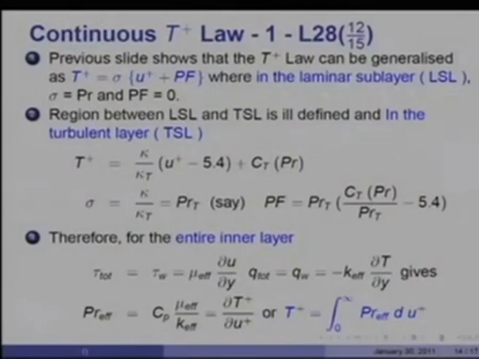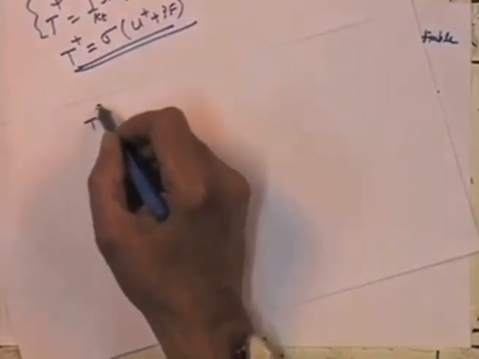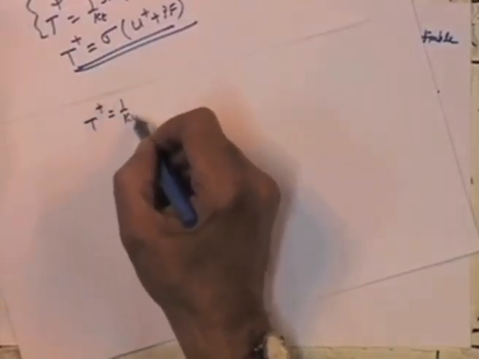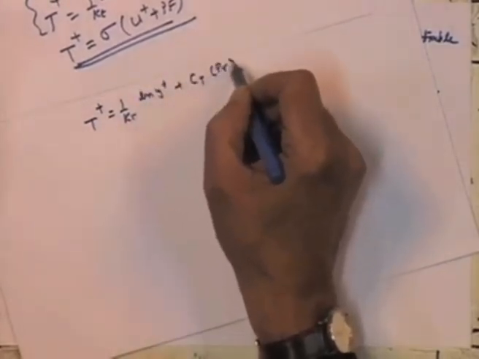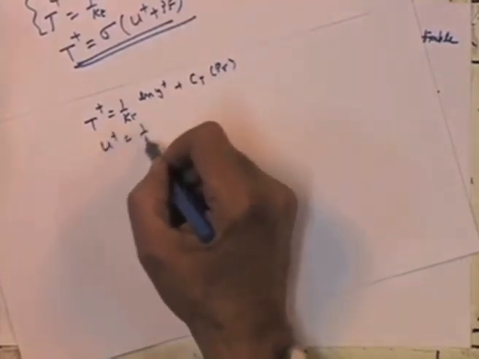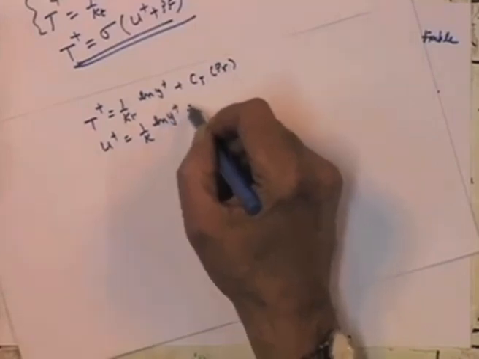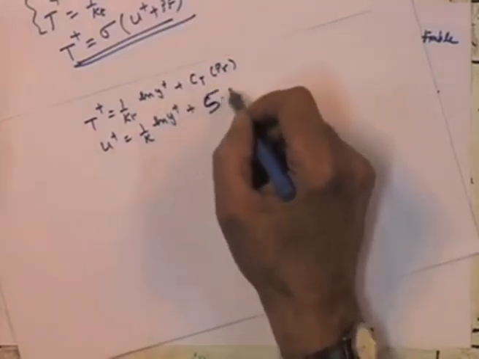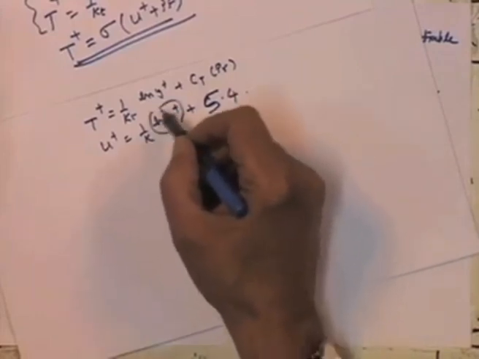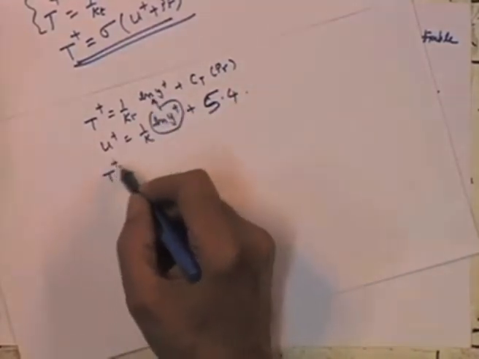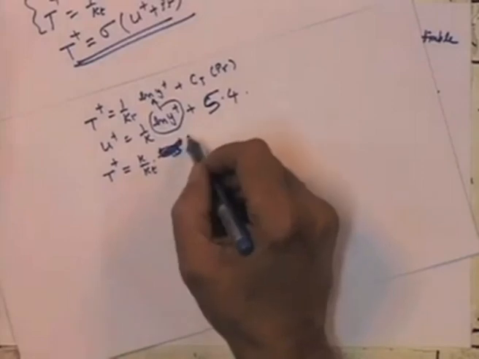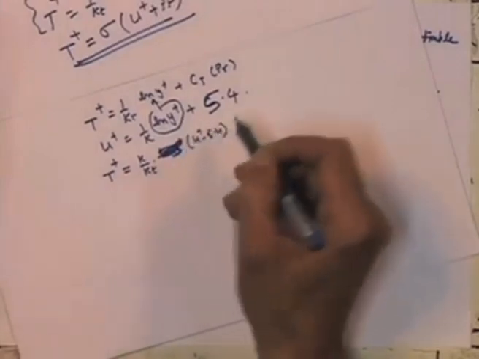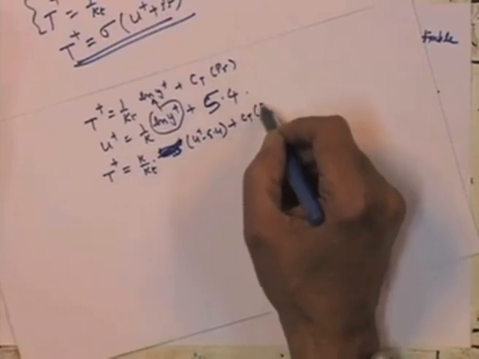The turbulent law says that T plus is equal to 1 over kappa t ln y plus plus Ct of Prandtl, but u plus is 1 over kappa ln y plus plus c, which is our 5.4, if you remember. So, I can substitute for ln y plus here, then I will say T plus equal to kappa over kappa t times (u plus minus 5.4) plus Ct of Prandtl.